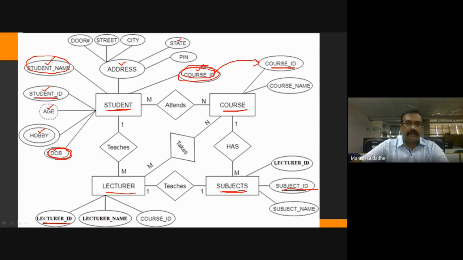Now we have an address, which further has several smaller attributes. Address can be either written in a single string, or I can have door number, street name, city name, state name, and PIN number separately.